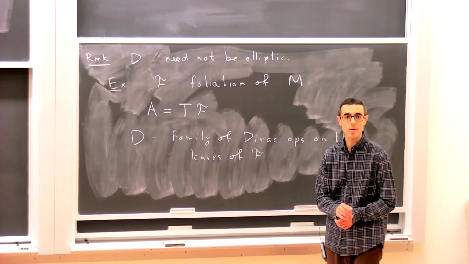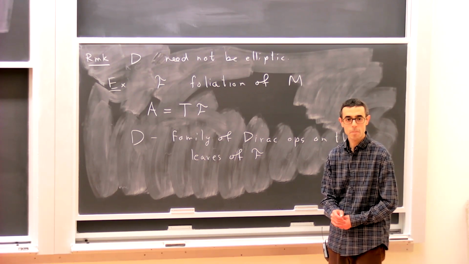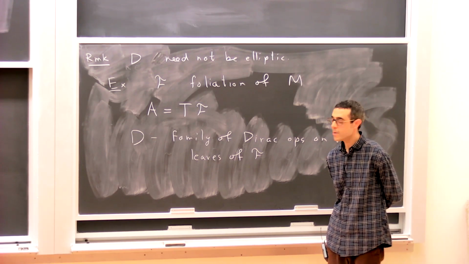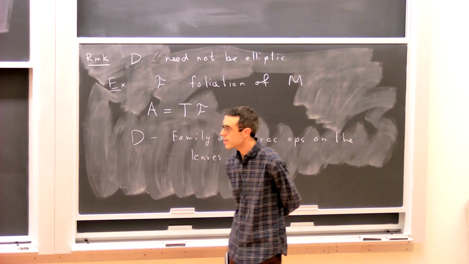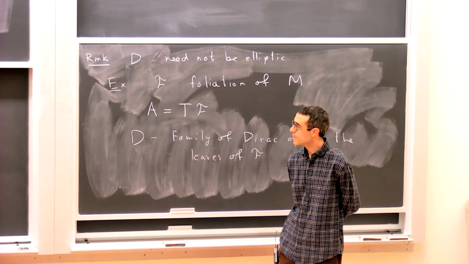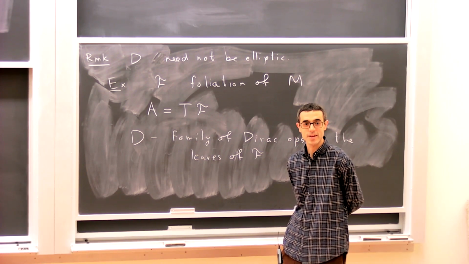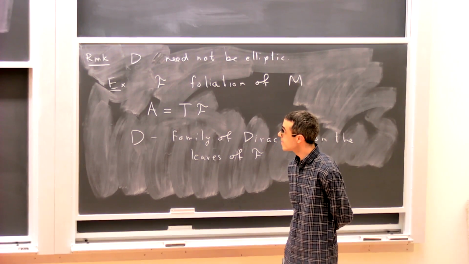Even in the case of the tangent bundle, I'm not even sure it's true if A is transitive, because I think you could have cancellations. You could have too many terms and they cancel out maybe. So I'm not 100% sure.